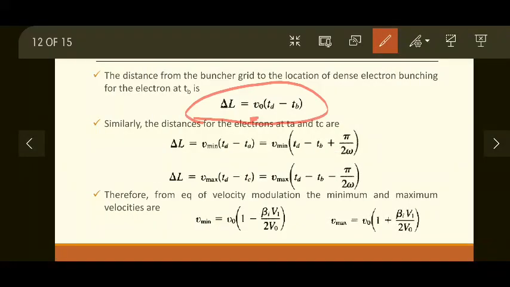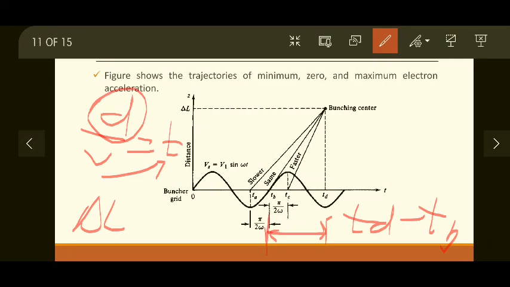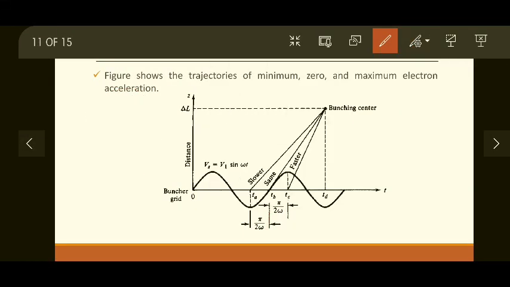Similarly, the distances for electrons at Ta and Tc: delta L equals V minimum into Td minus Ta. Ta is the slowest, so minimum velocity.